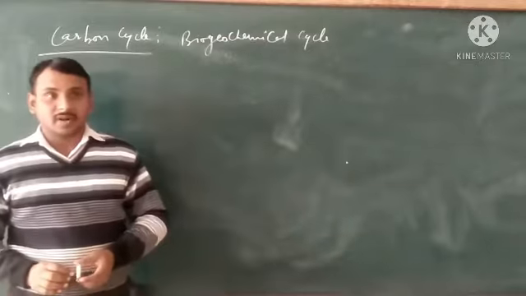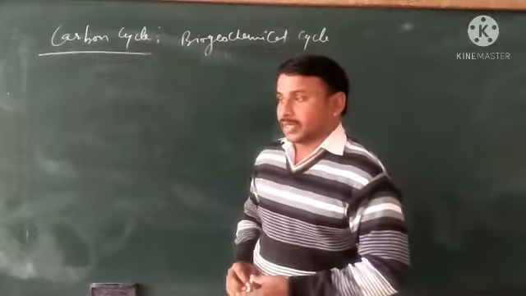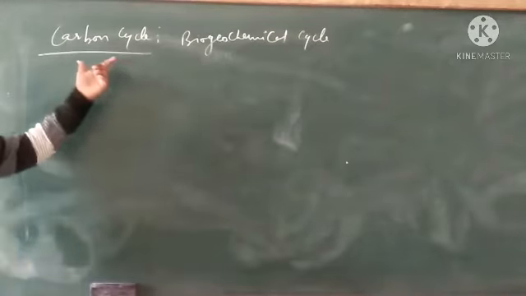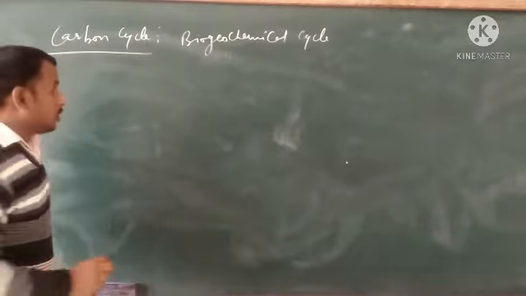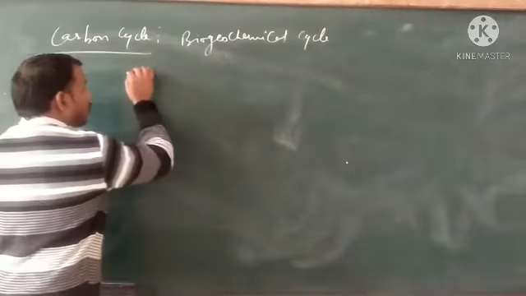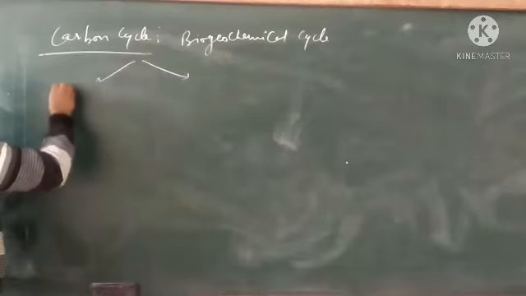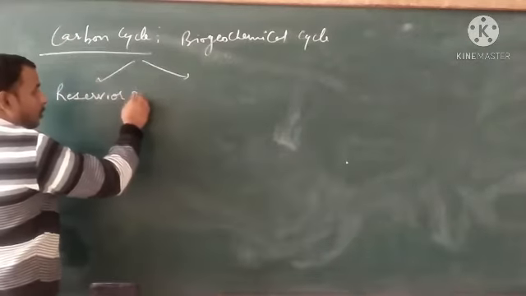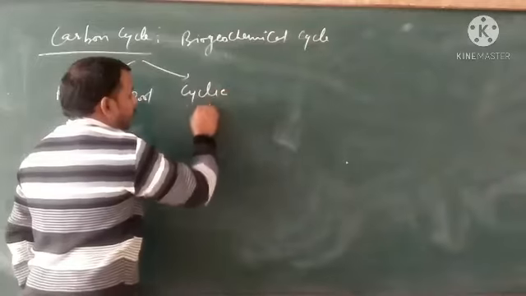There are a large number of nutrients and minerals present in the environment, mainly carbon, and it exists in two forms, that is two pools: reservoir pool and cyclic pool.